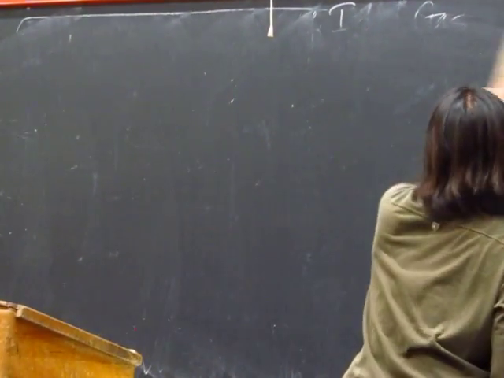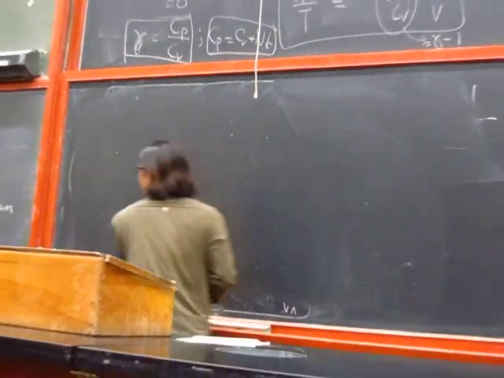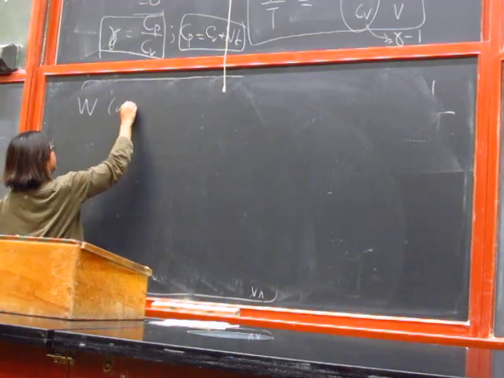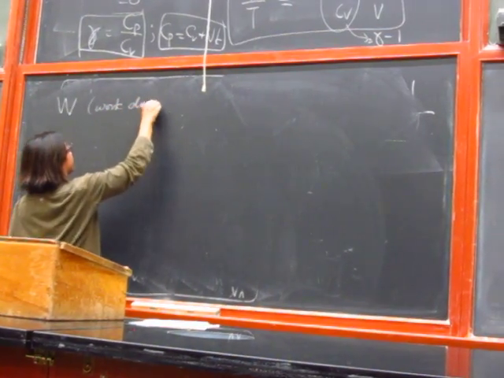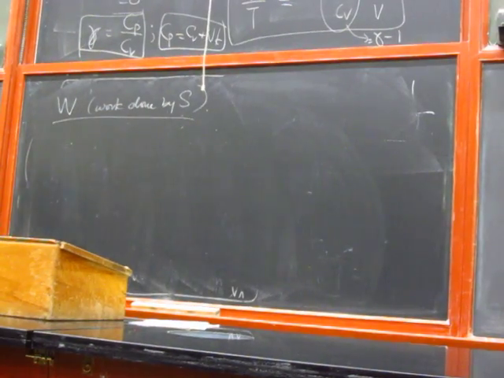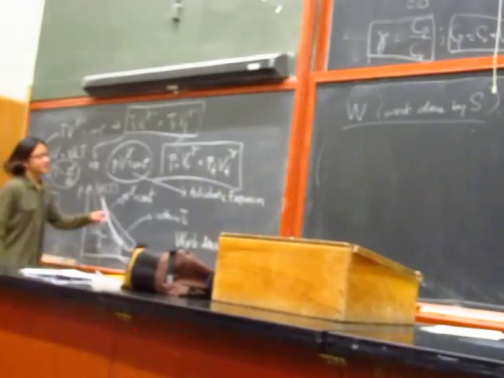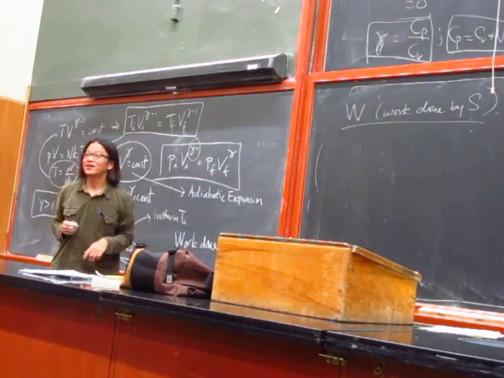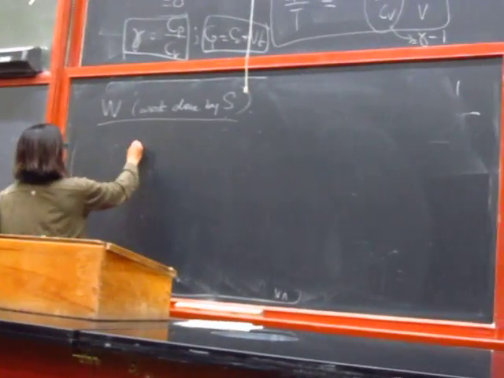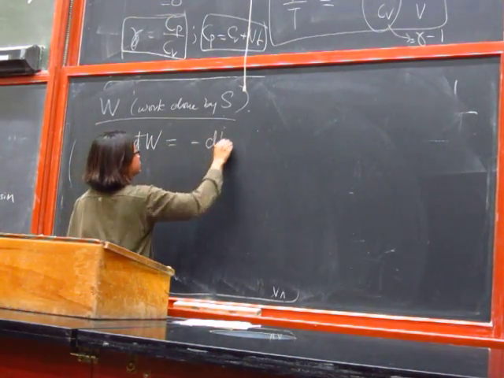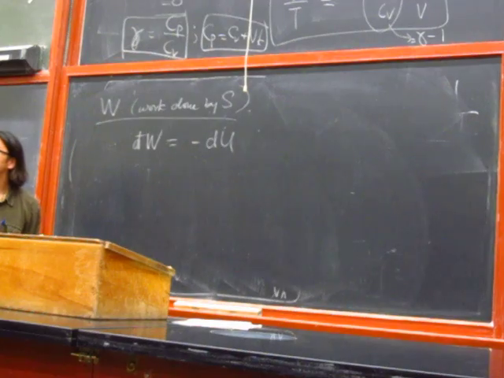So let's see, back to adiabatic expansion, we want to calculate the work done. Along this curve it's not that easy, because it has this equation with a gamma in it. Kind of complicated. But we know that dW is equal to minus dU.